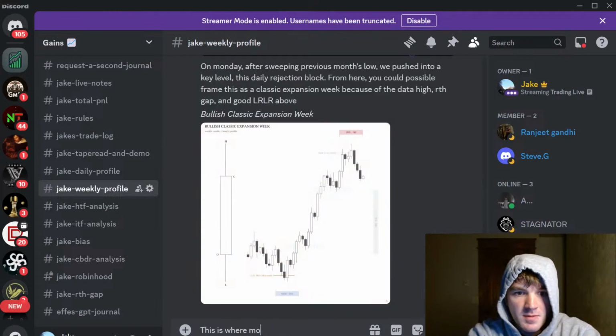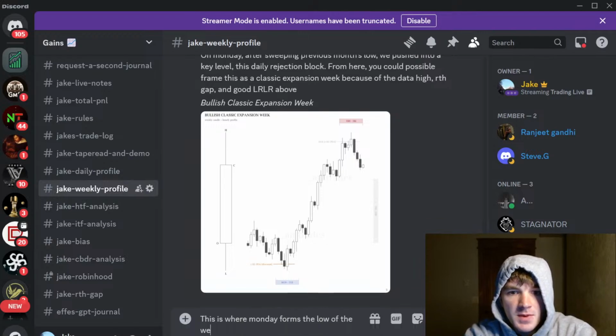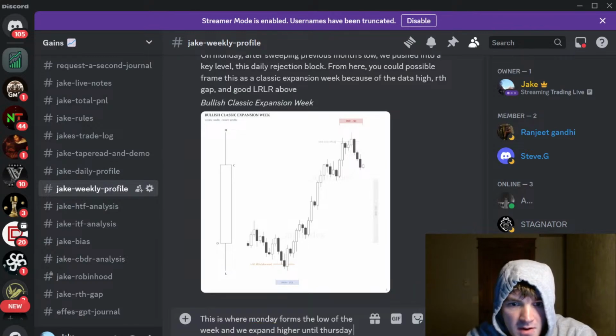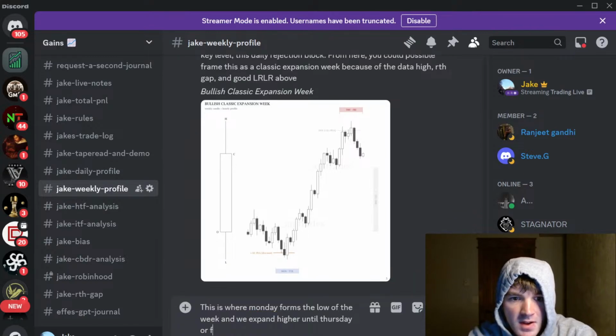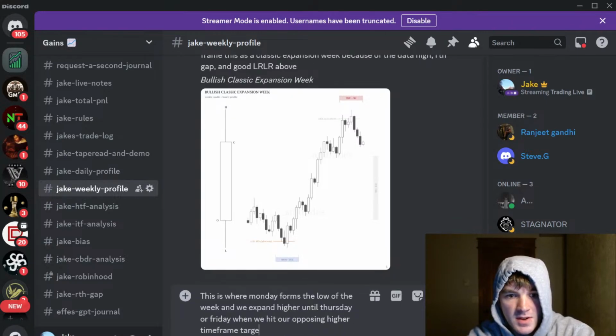This is where Monday forms the low of the week, and we expand higher until Thursday or Friday when we hit our opposing higher time frame target.